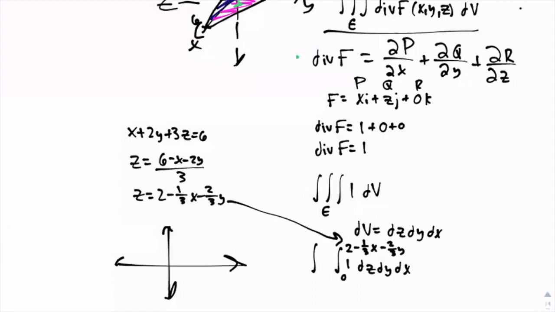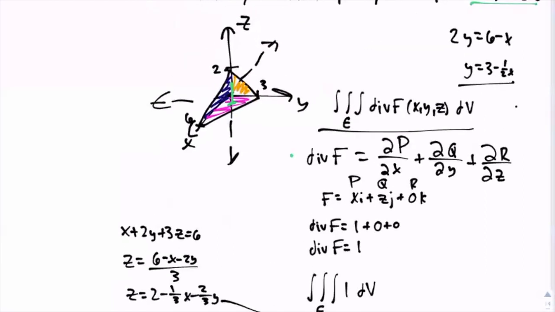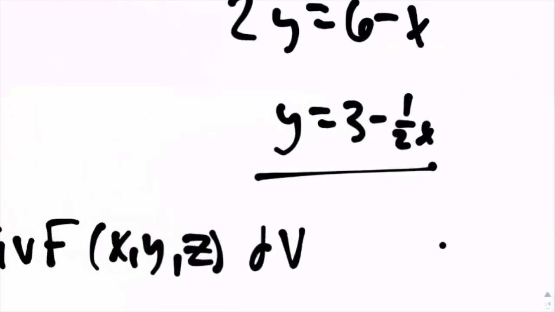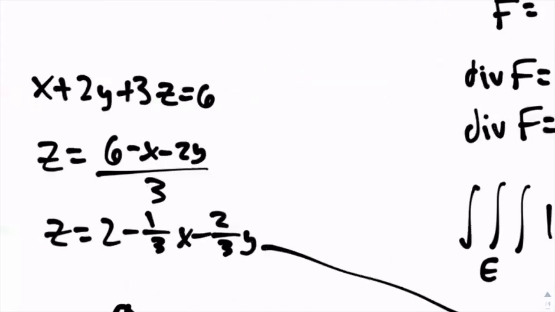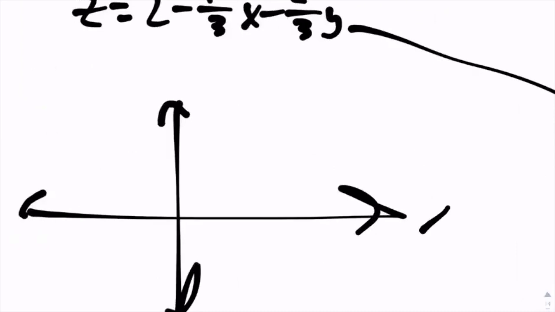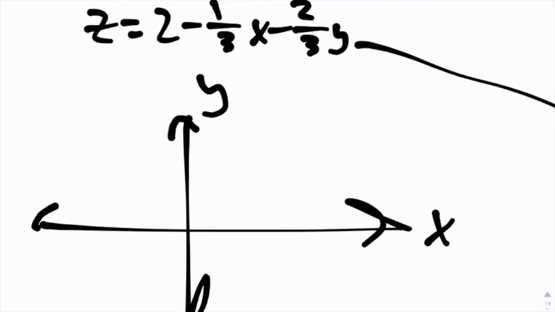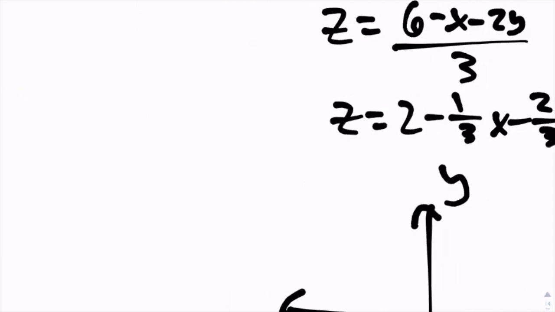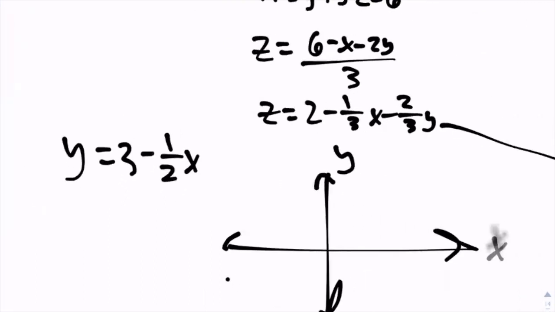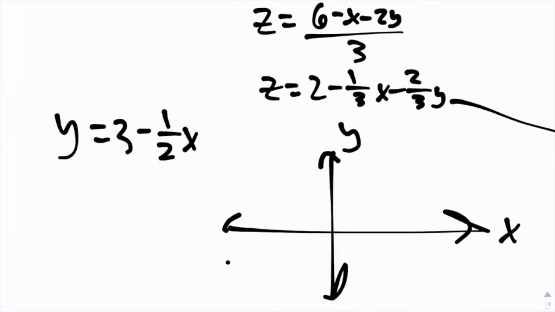And when we graph this function, y is equal to 3 minus 1/2 x, setting x equal to 0, we have y is equal to 3.